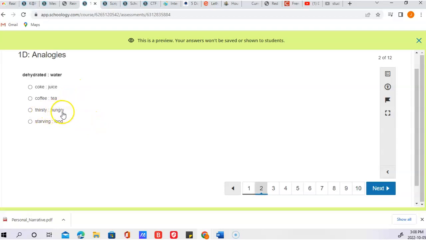You might think thirsty and hungry, but not quite. If you are dehydrated, use water. If you are thirsty, use hungry. Doesn't make sense. But if you are starving, use food. Or we could say if you are starving, consume food. If you are dehydrated, consume water. That works too, right? So we know that that's the right one.